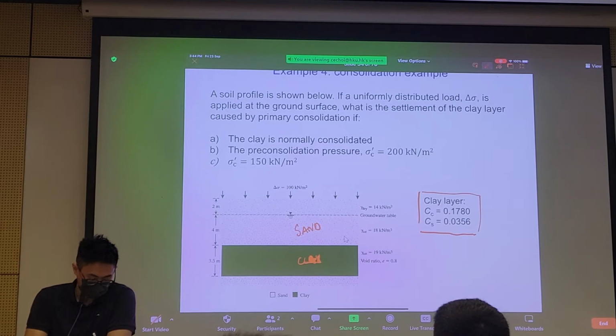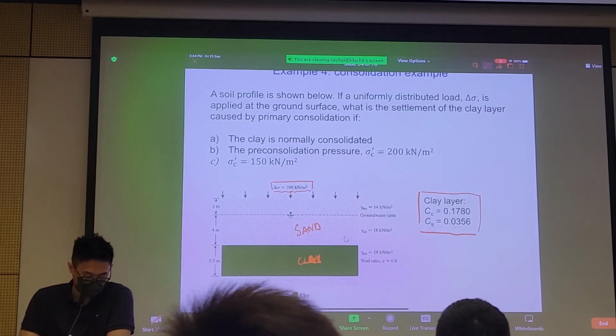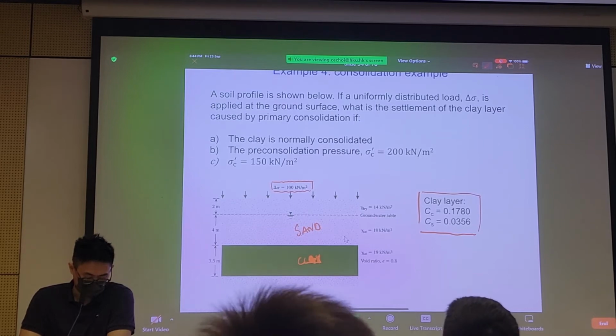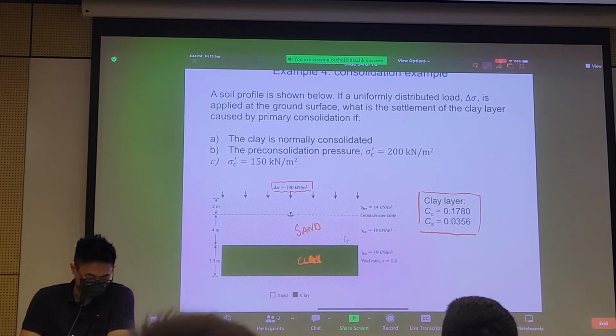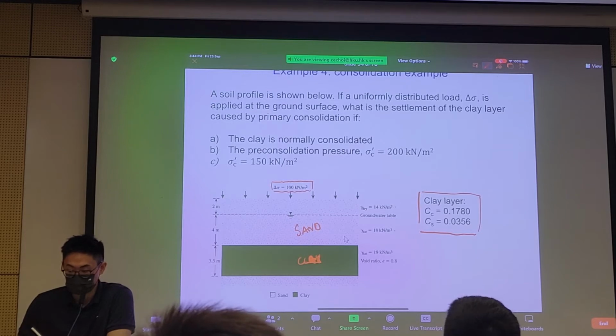And on top of this sandwich of soil, you're applying a surcharge of 100 kPa on top. And for each of the soil layers, you're given your dry unit weight, you're given the saturated unit weight, you know the location of the groundwater table, which is just 2 meters below the depth of the surface of the land. You're given the saturated unit weight of the clay, and you're given some sort of void ratio to work with.